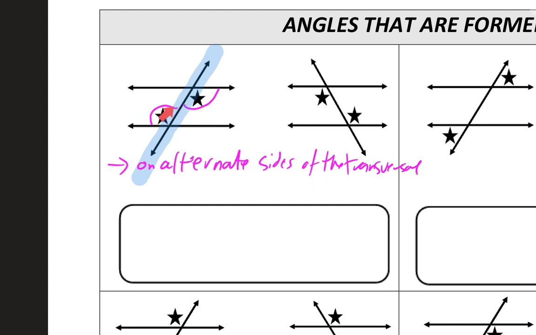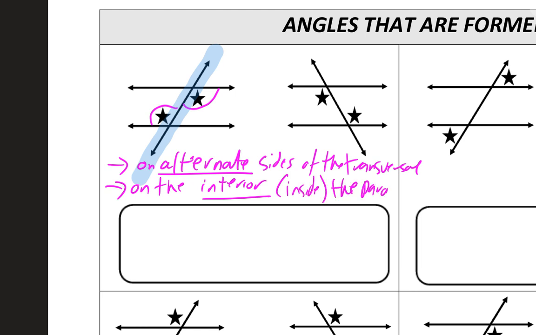Okay, what else do we know? They are on the interior. So alternate on the interior. Interior we know means inside. Okay, the parallels. So if we know that these are the parallel lines, I'm going to tell you that these are parallel.